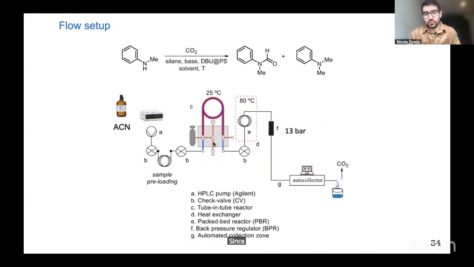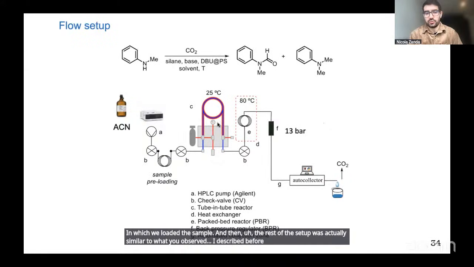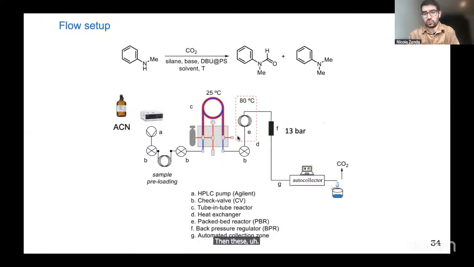Since we didn't want to ruin this pump, we also used a preloading loop in which we loaded the sample. And then the rest of the setup was similar to what I described before. So the tube-in-tube to saturate the stream with CO2, then this tubular reactor to run the reaction at 80 degrees, and then a back pressure regulator to close the system, and an autocollector to collect the fractions.